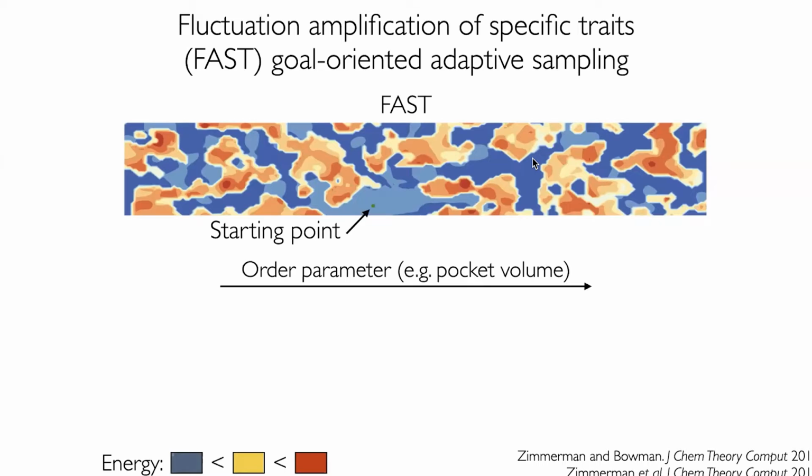And so given that we can't thoroughly explore all of this space, it's way too large, what we'd like to do is dedicate more of our compute power to exploring regions over here that have the sorts of structural features that we're interested in. So what we're going to do is start our batch of, say, 10 simulations, in this case from our starting point here.